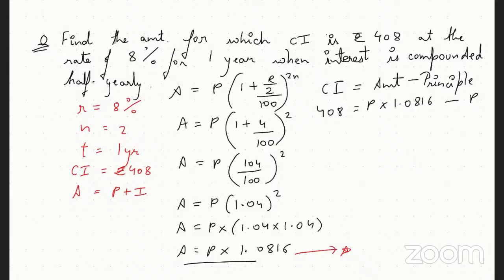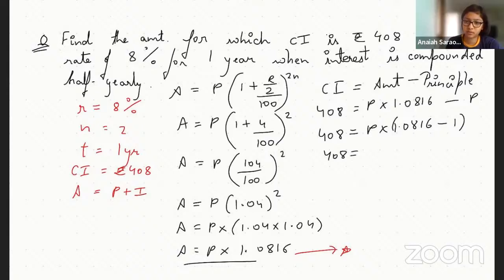So I can write it like this also: 408 equals P multiplied by 1.0816 minus 1. This I'm taking inside the bracket. Then subtract 1 from 1.0816. What will I get? Ma'am, 0.0816.